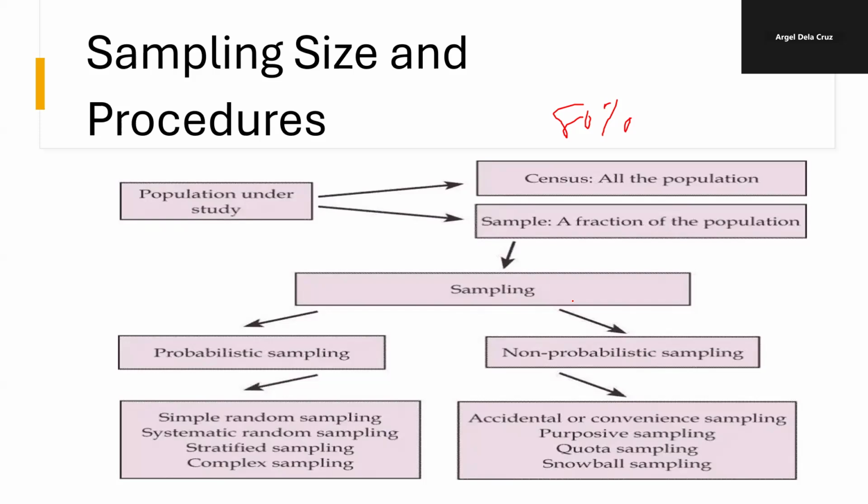Ilan ba yung seating capacity ng simbahan? Pagpalagay mo, 1,000. Ilan yung misang ginagawa per day? Pagpalagay mo, 4 times. So, 4,000 na siya, di ba? So that is the total capacity ng church.